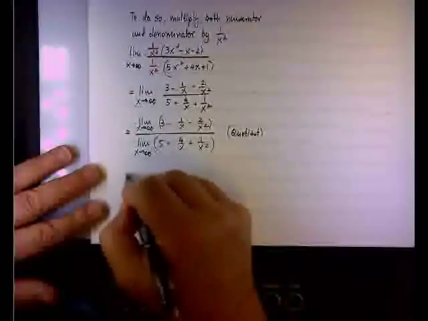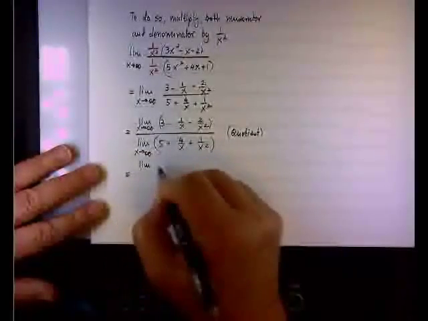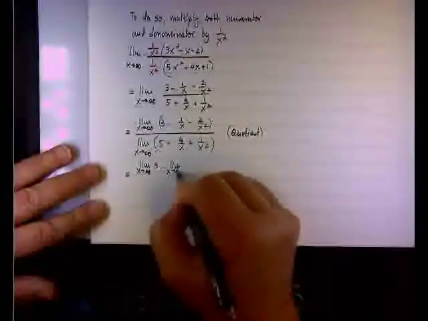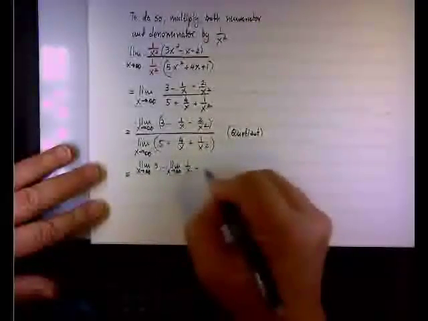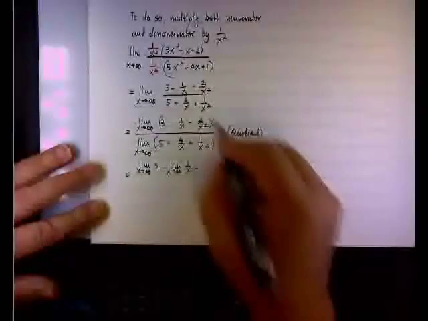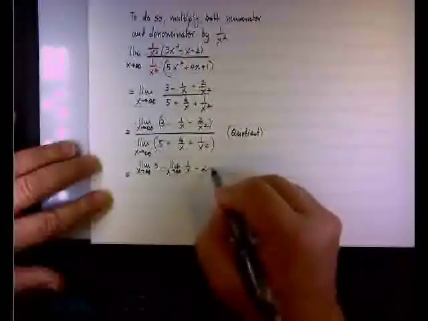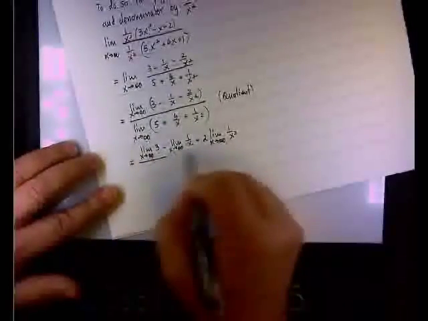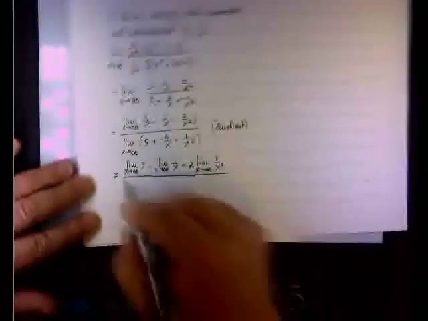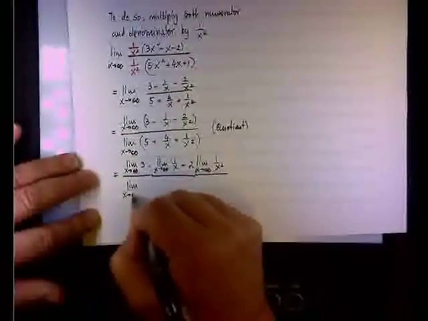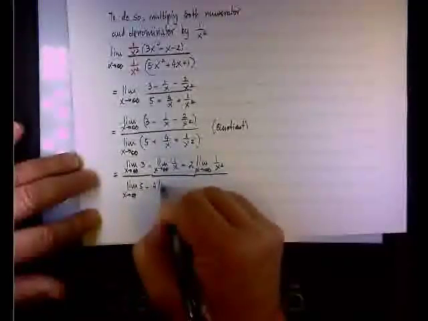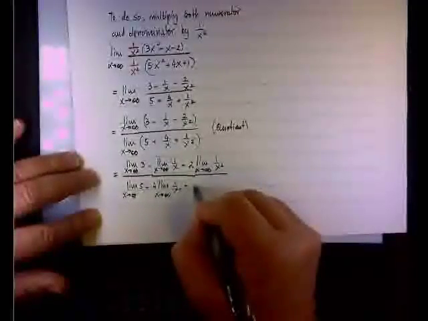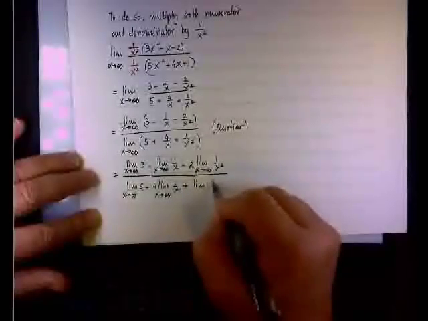And if you do the sum and difference, you have the limit as x goes to infinity of 3 minus the limit as x goes to infinity of 1 over x, minus 2 (I'll use the constant multiplier) 2 times the limit as x goes to infinity of 1 over x squared, all of it divided by the limit of 5 plus 4 times the limit of 1 over x plus the limit of 1 over x squared.